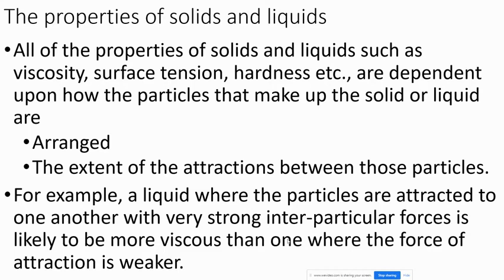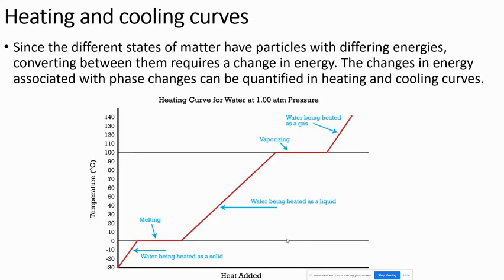Liquids are attracted to one another. They have very strong intermolecular forces, and they're likely to be more viscous than ones where their attractions are weaker. So weaker IMFs tend to be less viscous than stronger IMFs.